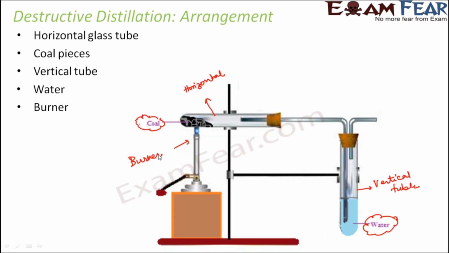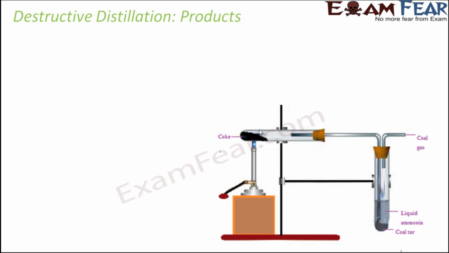Now what is going to happen when we heat this coal? So let's see. As we heat the coal, some colorless vapors are formed, and these colorless vapors move through this tube and reach the vertical tube.